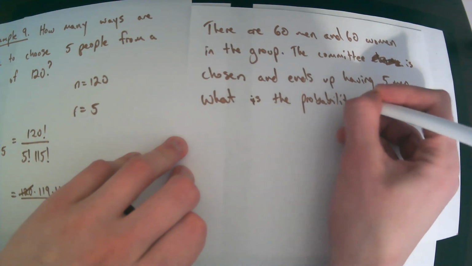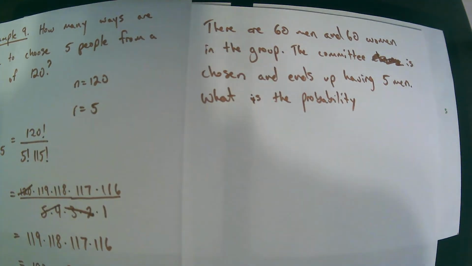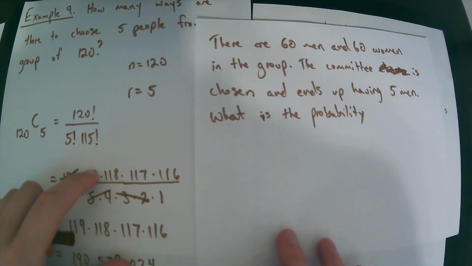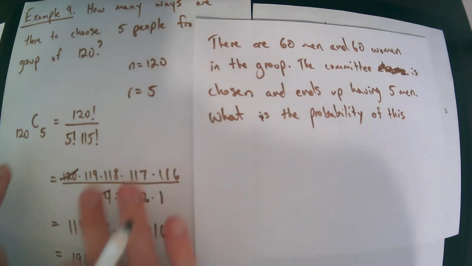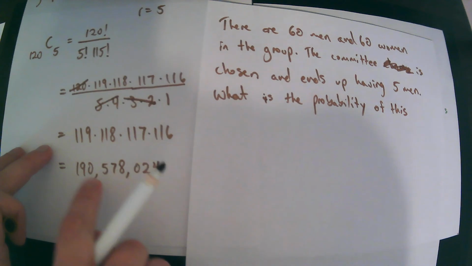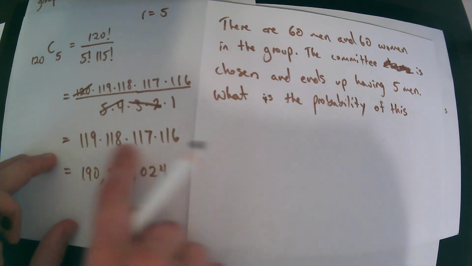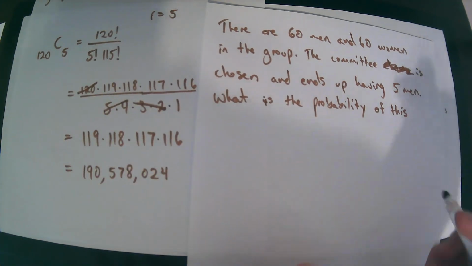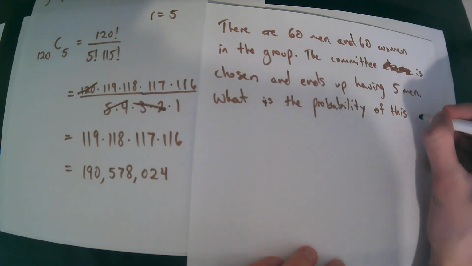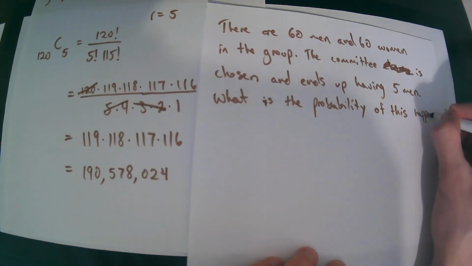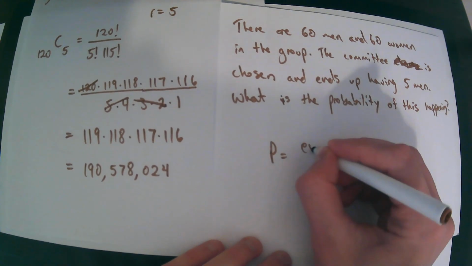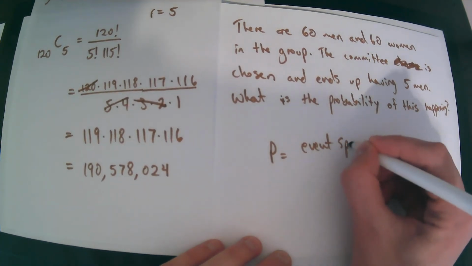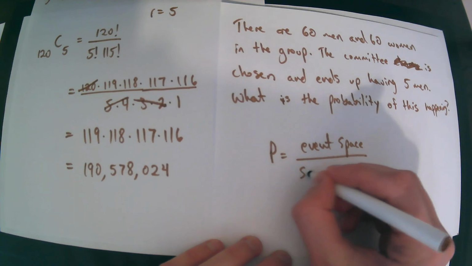Now, we already have our sample space. It was the calculation we just did. This is the total number of ways that we can select 5 people from a group of 120: 190 million. So remember, probability just boils down to event space divided by sample space.